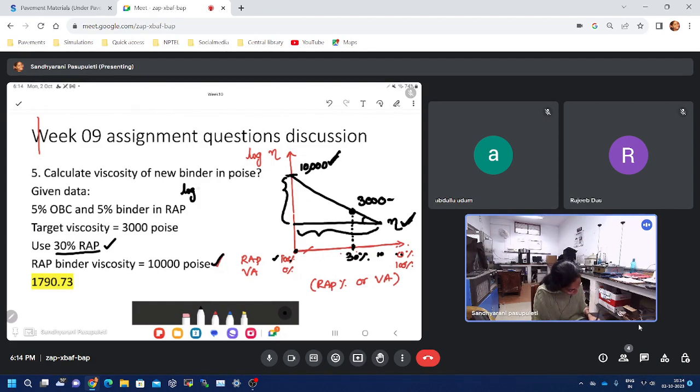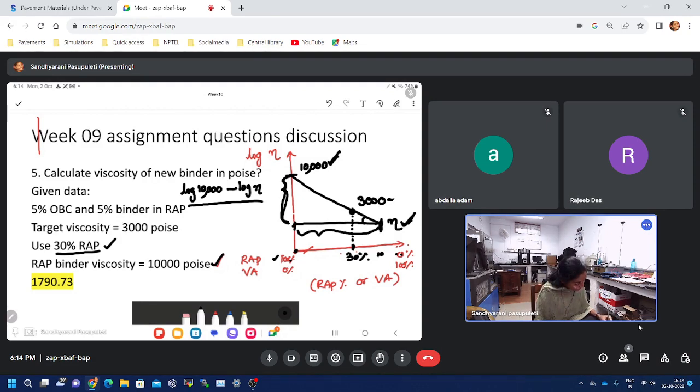So log of 10,000 minus log of eta. If I do log of 10,000 minus log of eta, what do I get? Whatever y I have chosen, divided by, so y2 minus y1 I have done to determine the slope. Now I have to calculate x2 minus x1. x2 minus x1 is this.